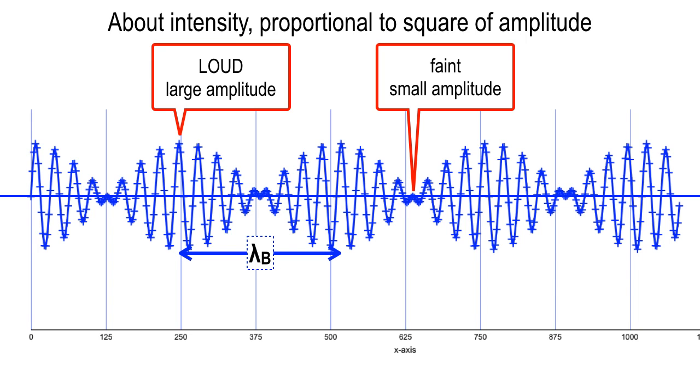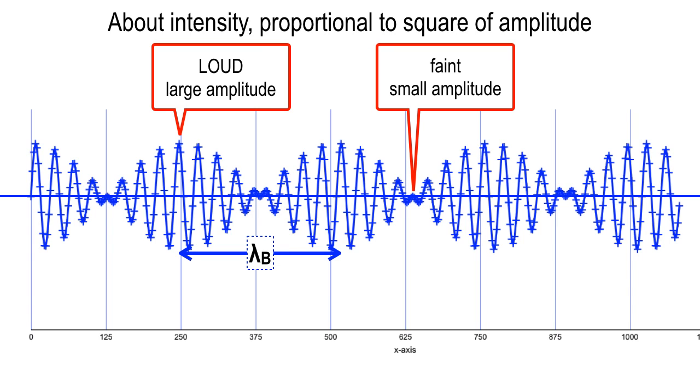Where the amplitude is small, where I have it marked down faint, that's pretty close to flat water. In my graph, it's not perfectly flat, but it's pretty close. And same over here at loud, largest amplitude. If these were ocean waves, this would be the biggest of the rogue waves.